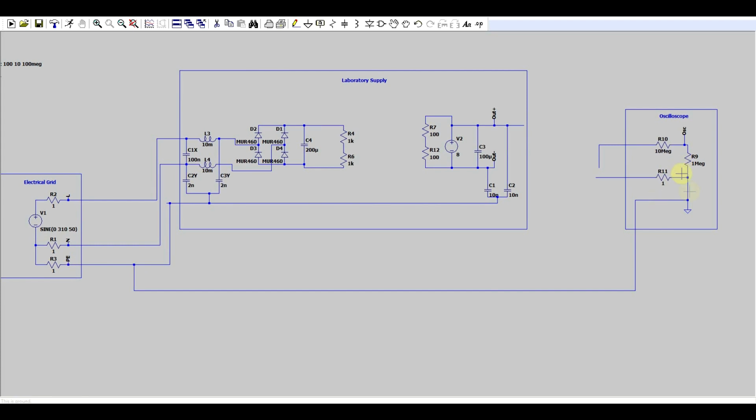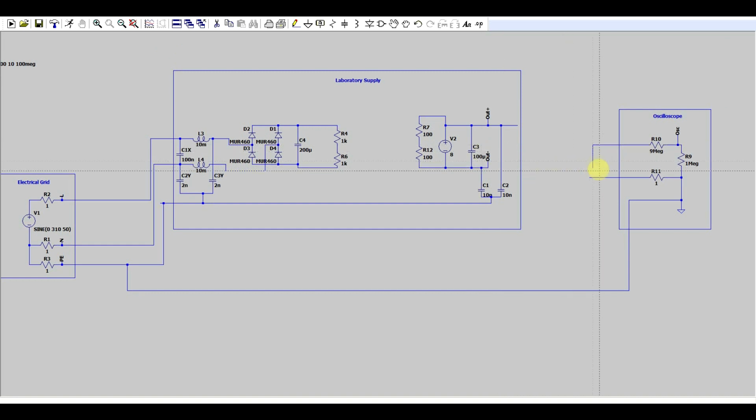On the oscilloscope side, I have my protected earth connection and a basic representation of the resistances found in the oscilloscope: my input divide-by-10 resistor network, and then a 1 ohm resistor to represent the wiring going through the ground system.